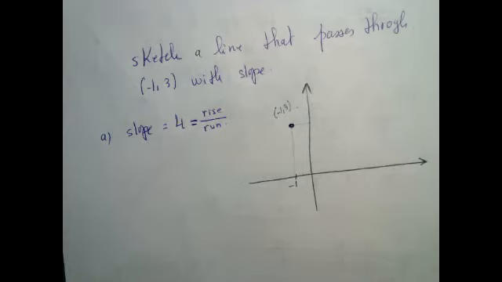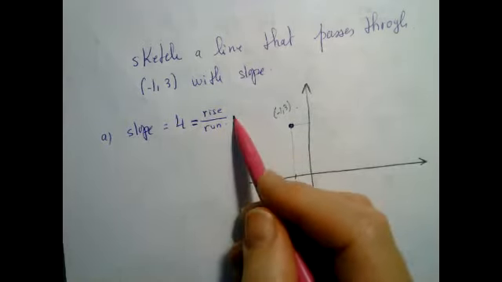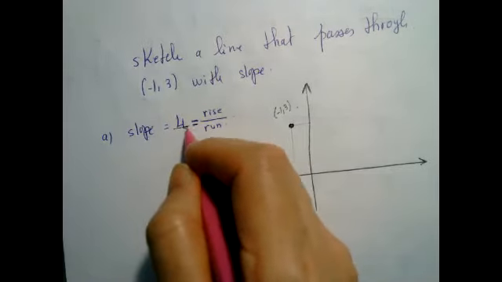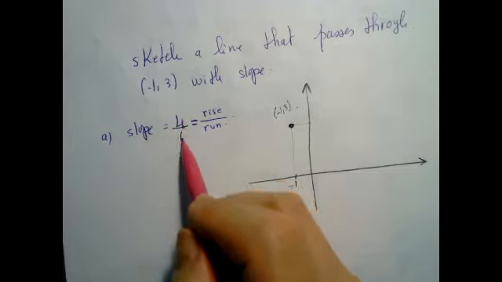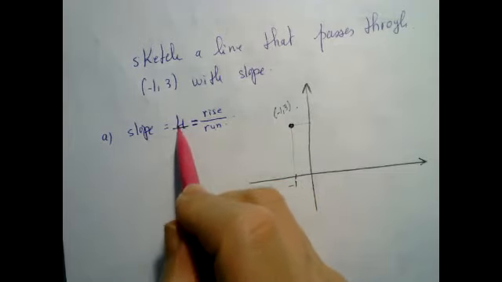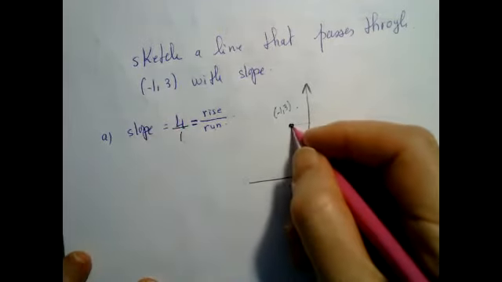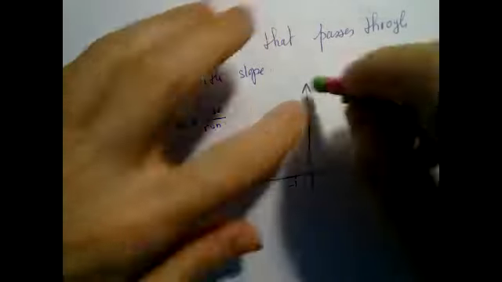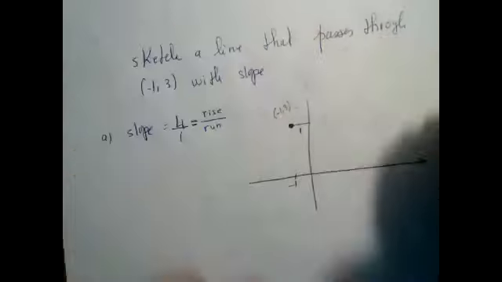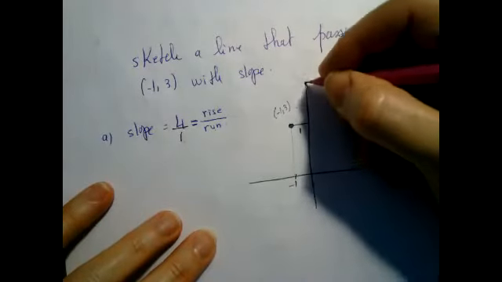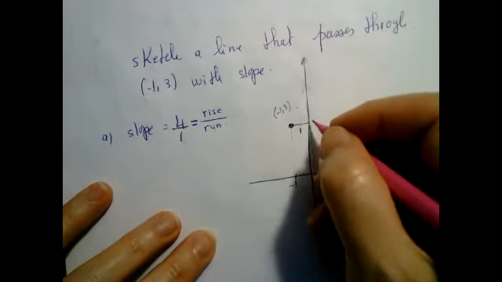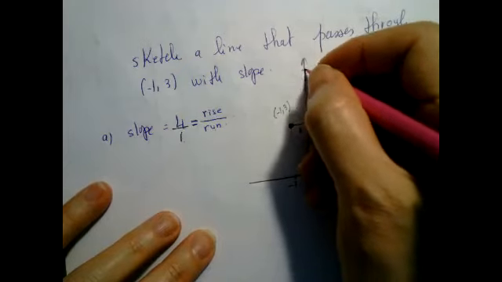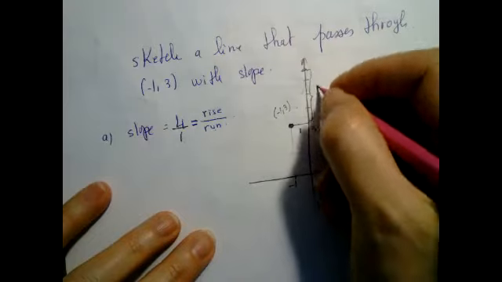From that point, can't you go to the right 1 and then up 4? Right, because the way I can think about it is, if the run is 1, the rise is 4. If I start from here and go over 1, to have a slope of 4, I have to go up by 4. So this is 1, 2, 3, 4.